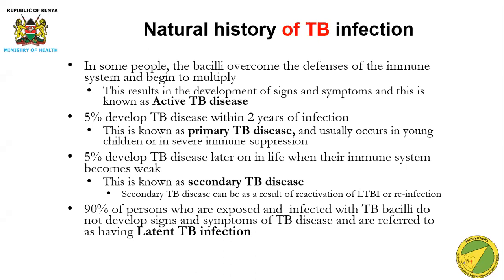Another 5% of the people who develop TB will develop it once the immune system goes down. So, any TB infection that progresses into active TB disease after the 2 years of exposure is called secondary TB.